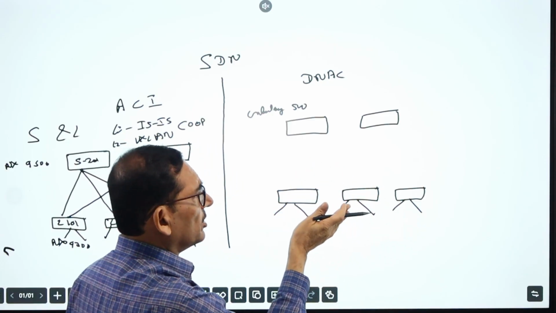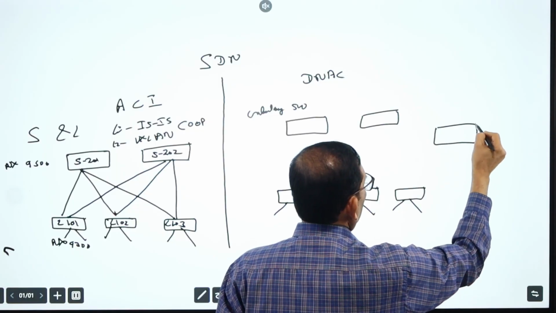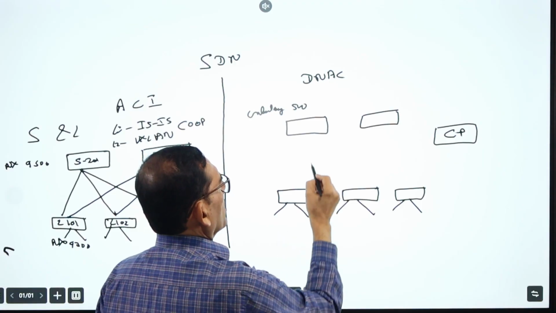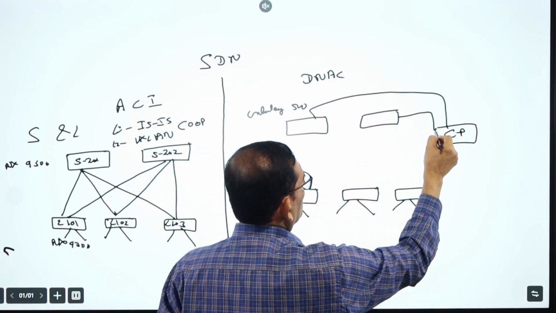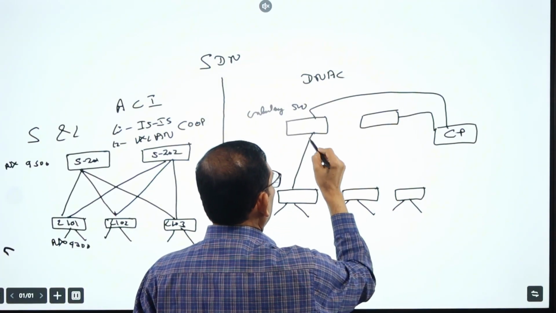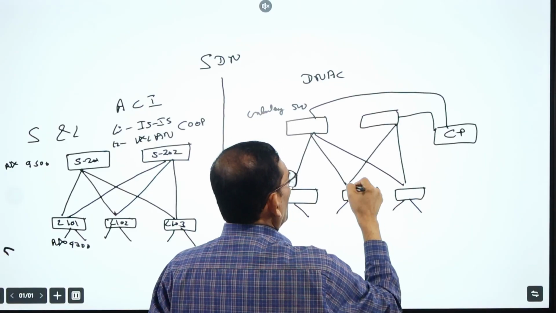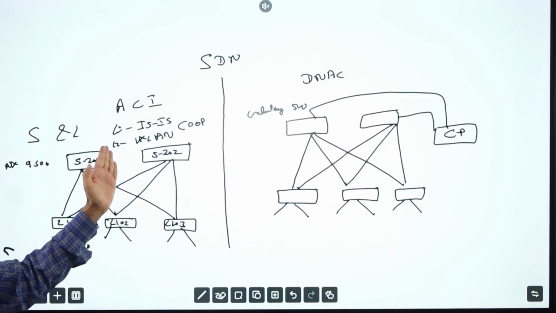And now how can they recognize each other? We have one device that is called my control plane device. These underlay switches are connected here, and for redundancy purposes underlay switches are connected here. Now you can ask what the difference is between spine and leaf, the DNAC and ACI.